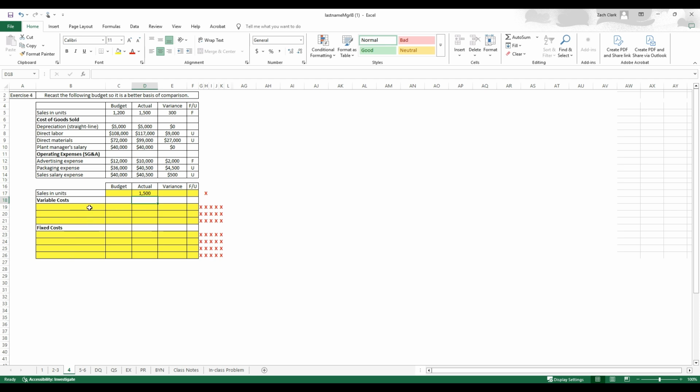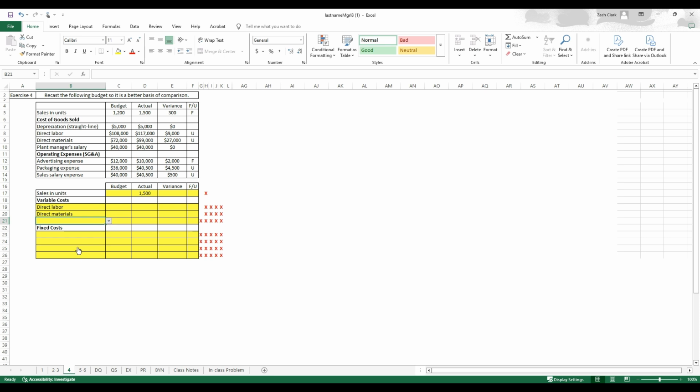To start, let's go ahead and fill out the lines here. So we need to look at our variable costs. This is broken down by different sections of the income statement, but we need to analyze what is variable and what's fixed when it comes to these line items. So for variable cost, two things are immediately true: the labor and materials are going to be directly proportional to production, and so those are obviously going to be variable.